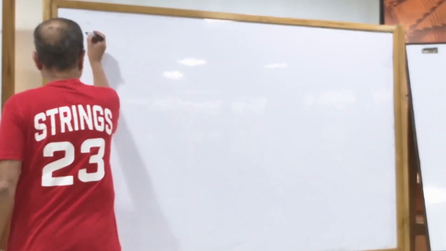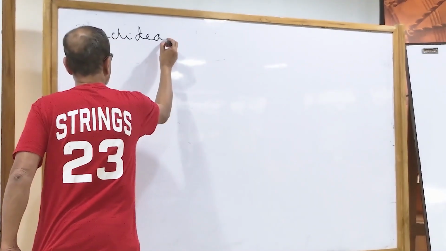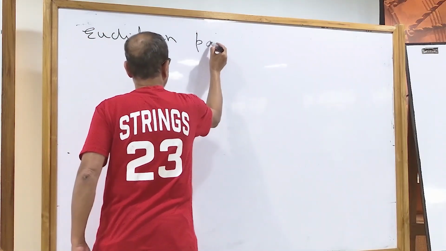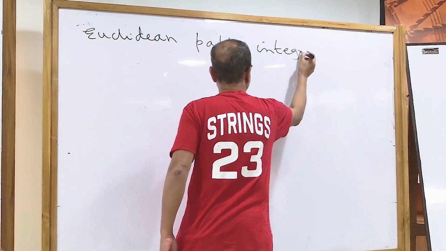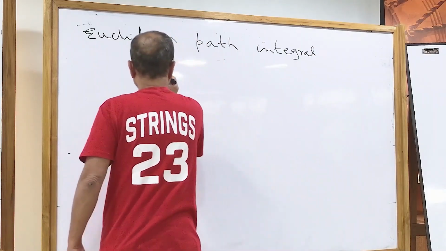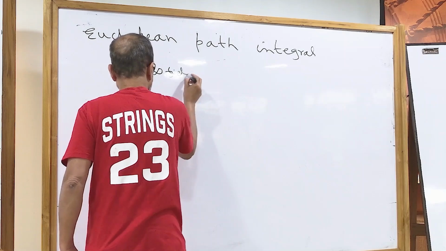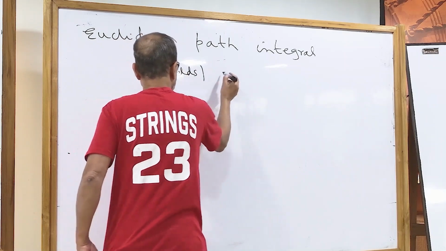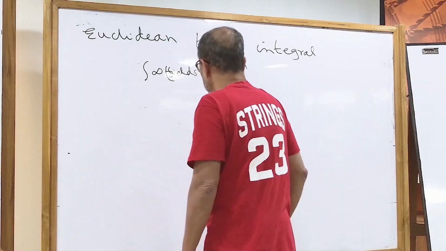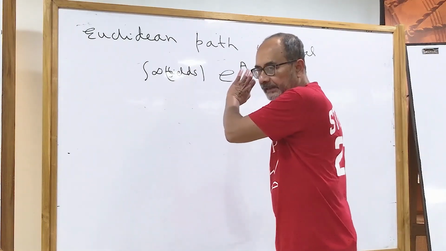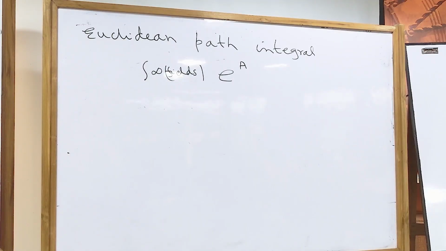So the Euclidean path integral is the integral over all fields of e to the power of the action, subject to the boundary condition that near the boundary it should be whatever you got from the attractor mechanism.